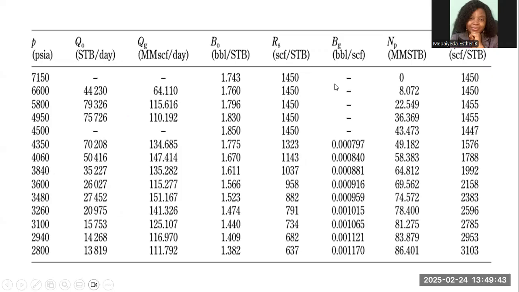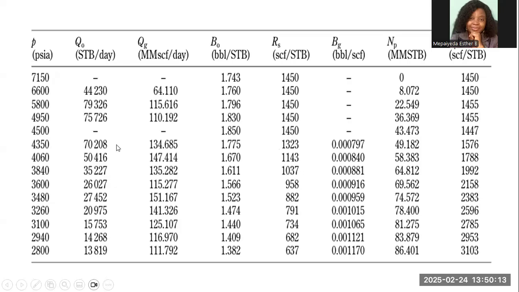So in the undersaturated states, RP equals RS. I believe you can see it from here. 1450 SCF per STB, and then 1450 SCF per STB, RP equals RS, okay? So just a slight difference here, almost equal, okay?